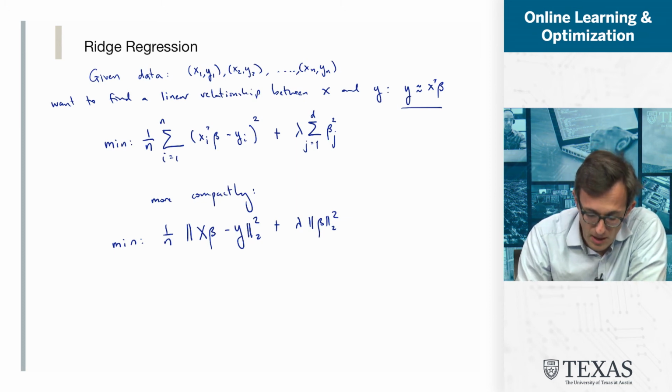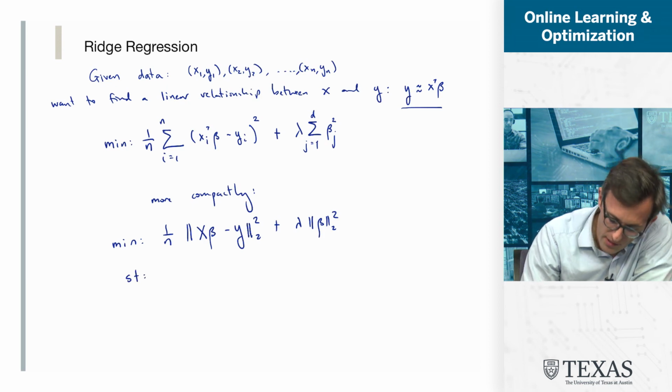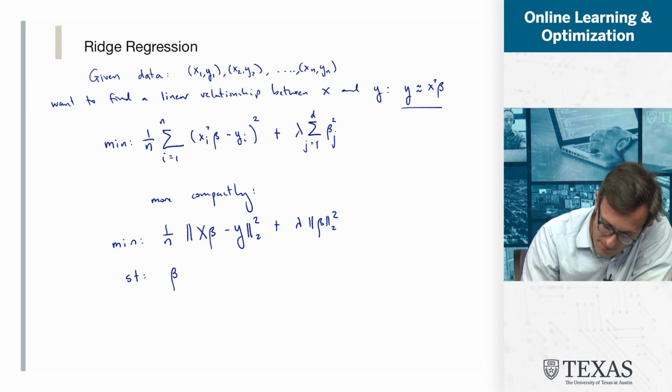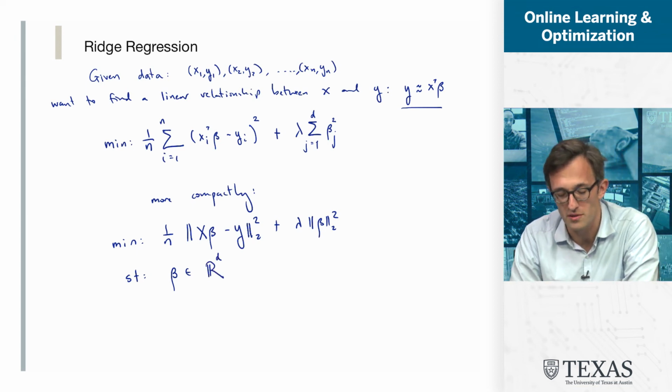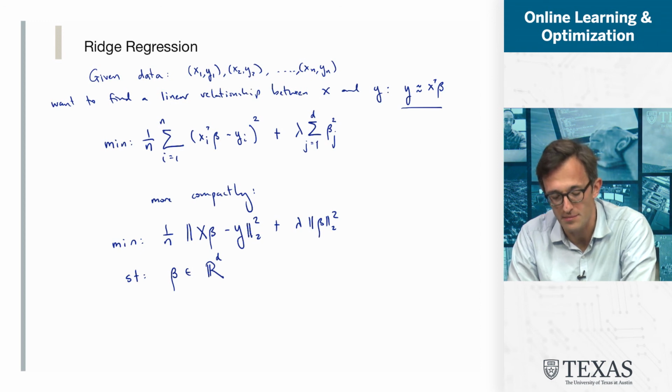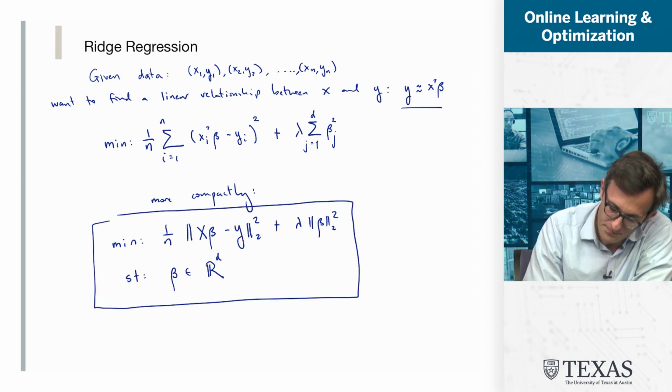So this is again an optimization over beta, and to write this exactly in the notation we had before, this is subject to beta living in the set of all d-dimensional vectors. So there's really no restrictions in this case on what beta has to be. So this is my optimization problem.